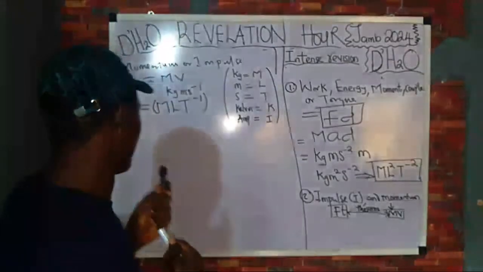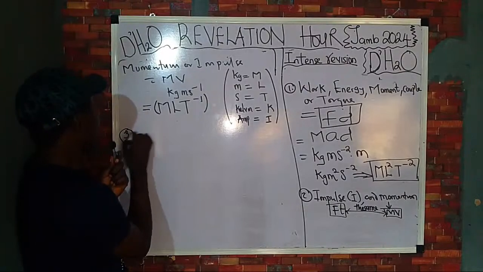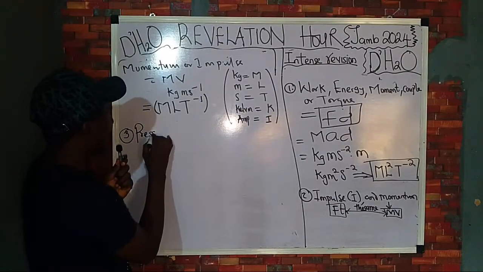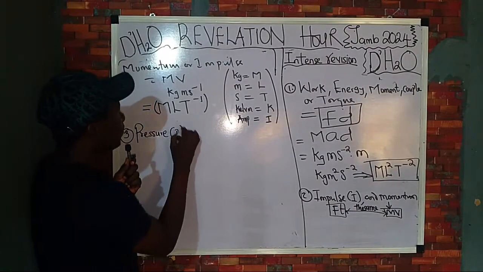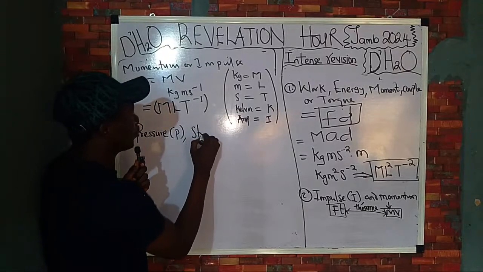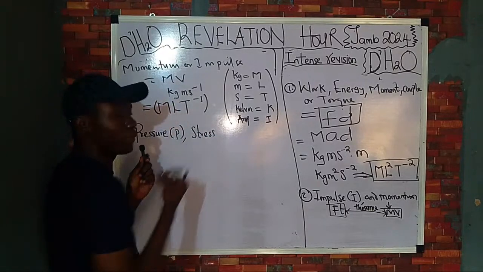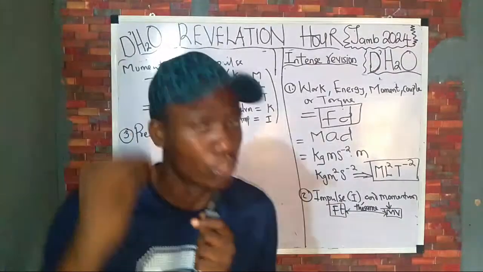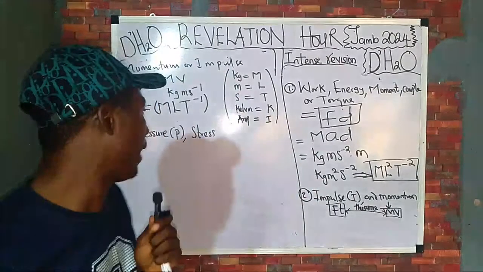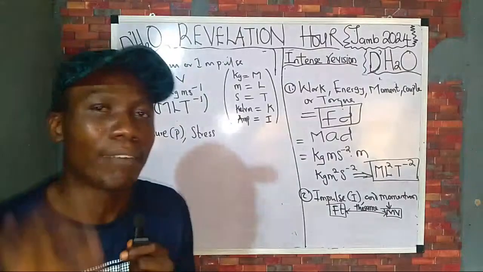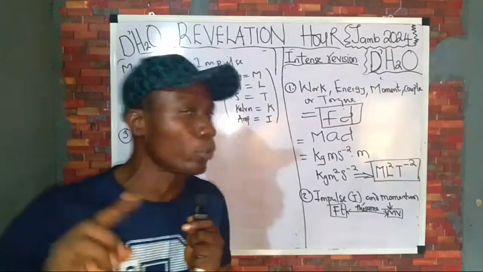I have another one for you. Now, number 3, if I'm talking about pressure, class, remember that pressure is the same thing as stress. I'm using the word stress because we have volume stress, don't forget, we have shear stress, and we have tensile stress. They are force over area.